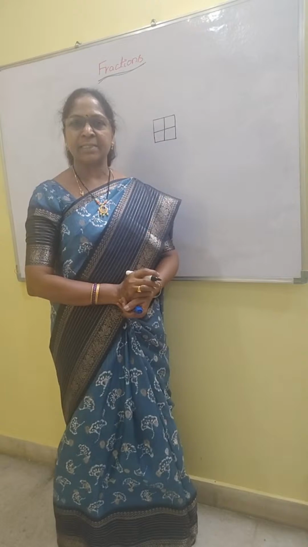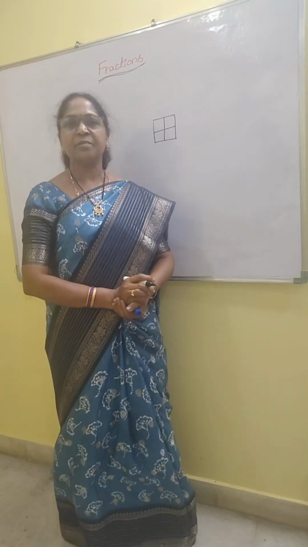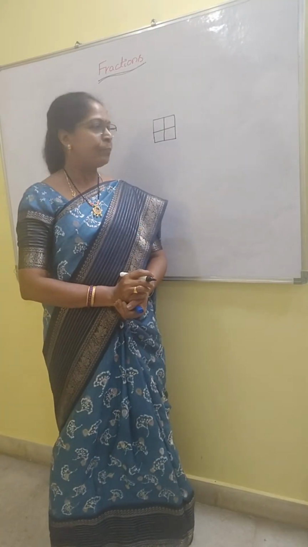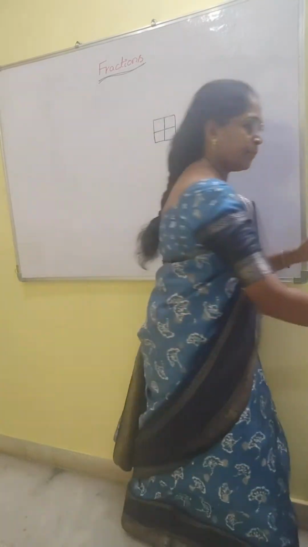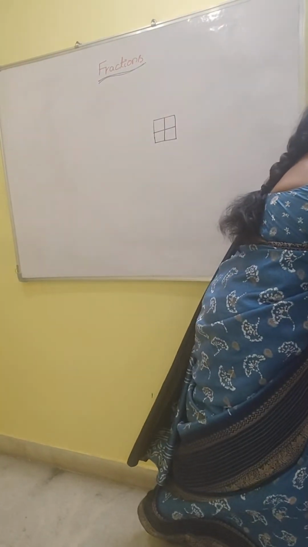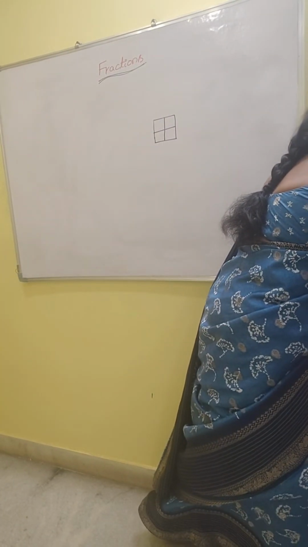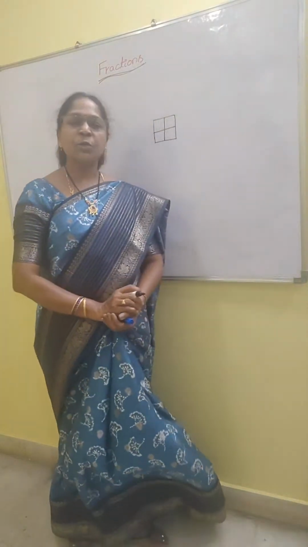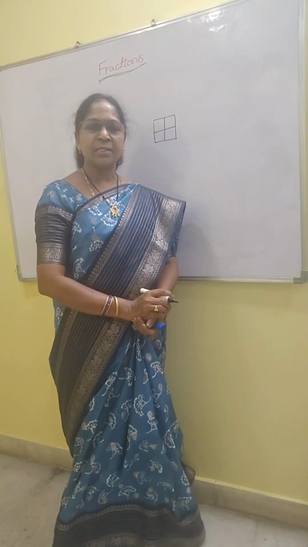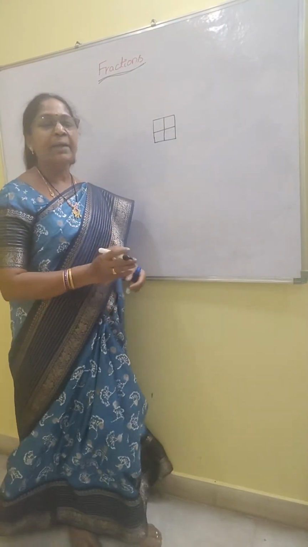What are fractions? What are the parts of a fraction? And how many types of fractions are there? Those we will learn. Now, what is a fraction? A fraction has 2 parts, that is the numerator and the denominator.